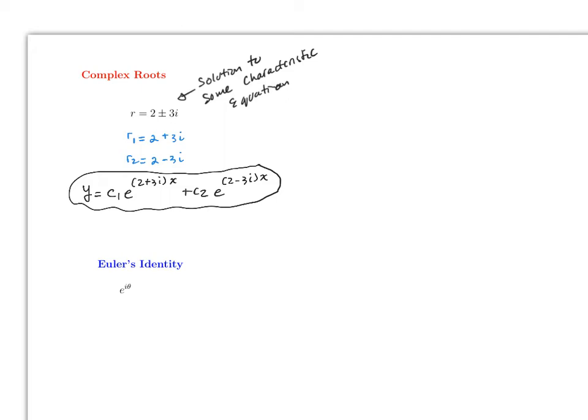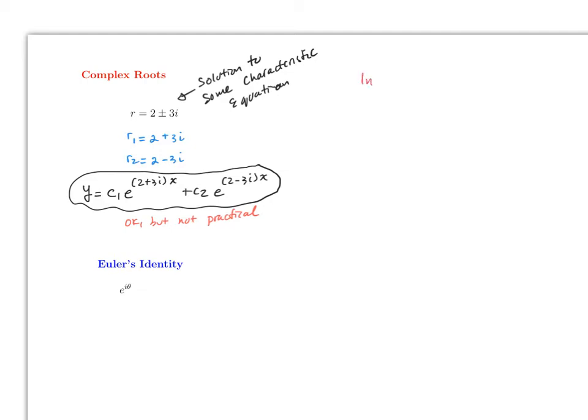So again, this is technically okay, but not practical for what we're going to do. So instead, if we use Euler's identity, which I'll tell you what it is in a second, we're going to come up with a solution that will make our life easier.